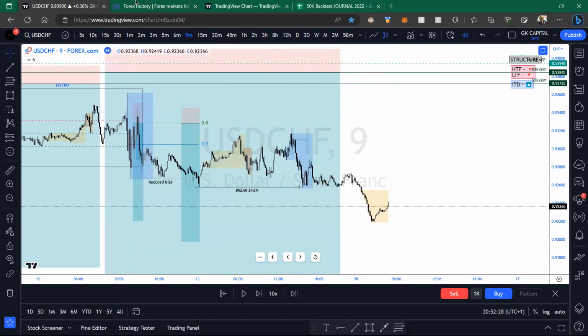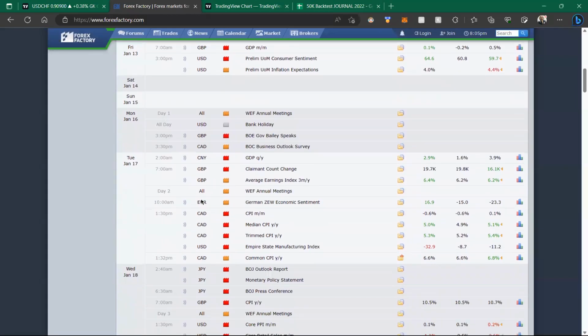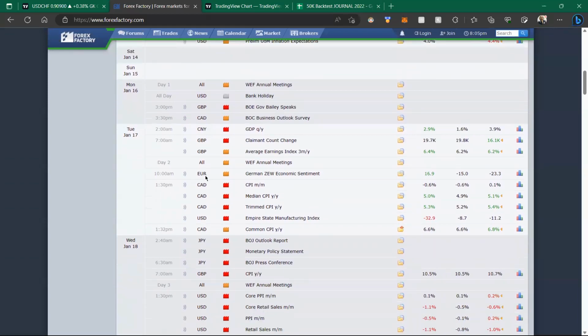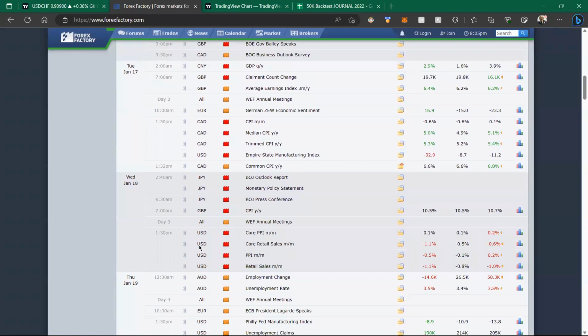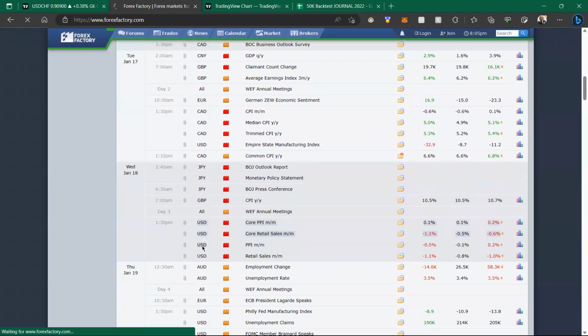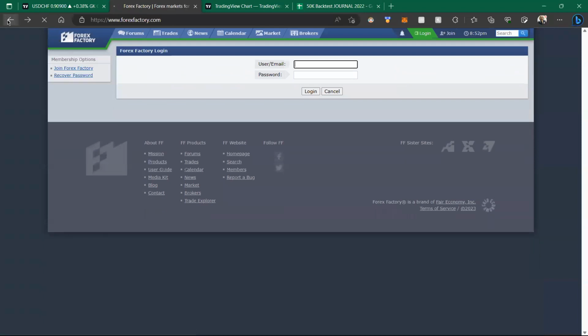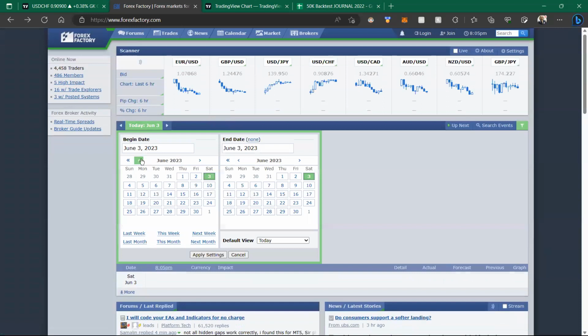So that's Monday 16th. For USD, Monday is actually a bank holiday. You've got the manufacturing index on Tuesday. Wednesday is the most important, so Wednesday for USD is looking... go back.